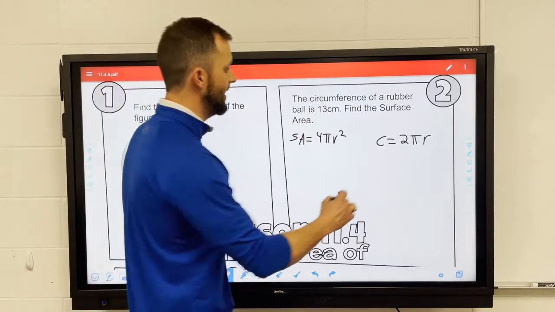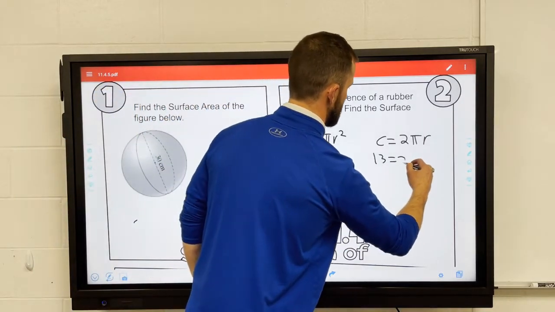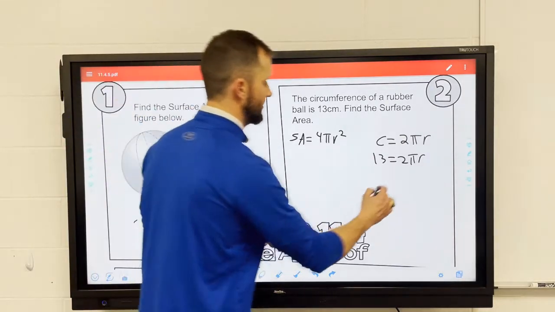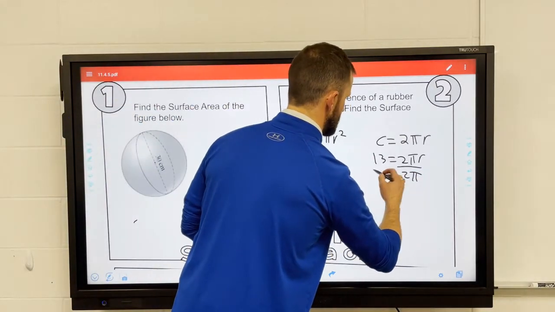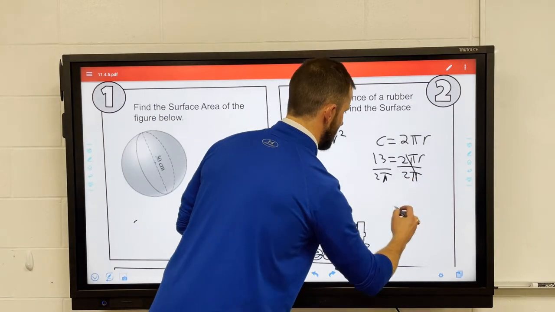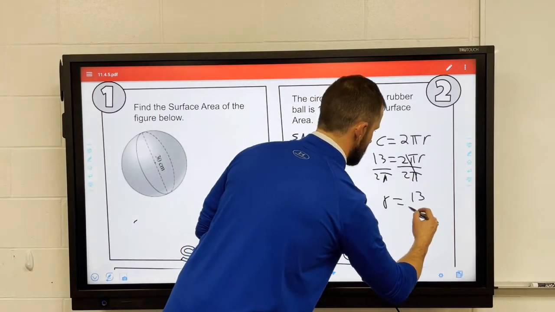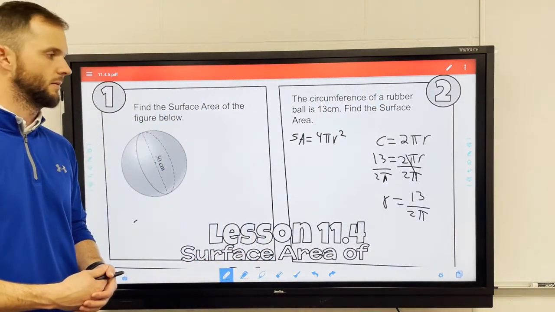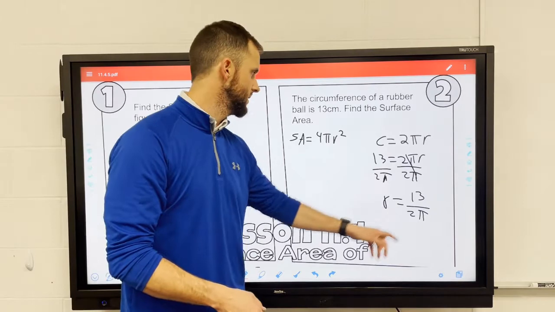So right now they gave me the circumference, so that means I can actually find my radius by dividing by 2 pi on both sides. So right now my radius is going to be 13 over 2 pi. I'm going to leave it in terms of pi here to make it a little bit easier, okay?